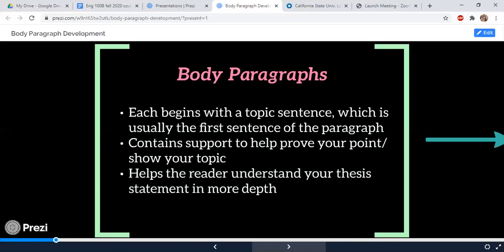As I said, your body paragraph is going to contain support that's going to help prove your point. So basically what the body paragraphs are doing is they are advancing specific aspects of your thesis statement.